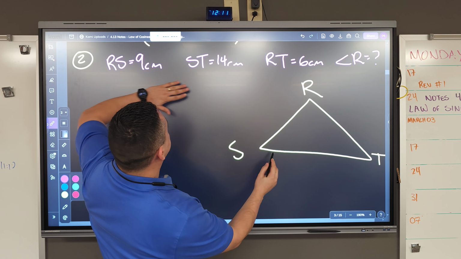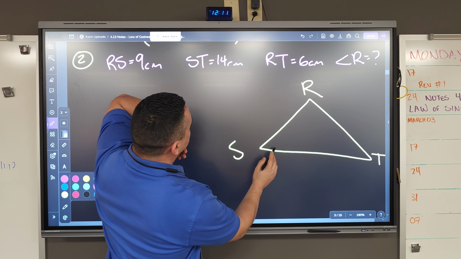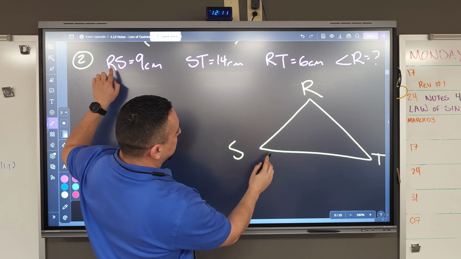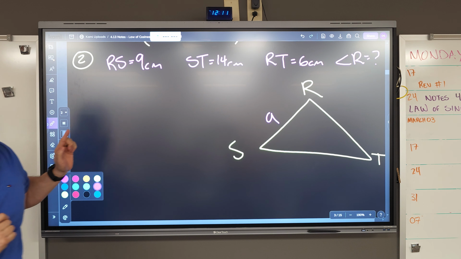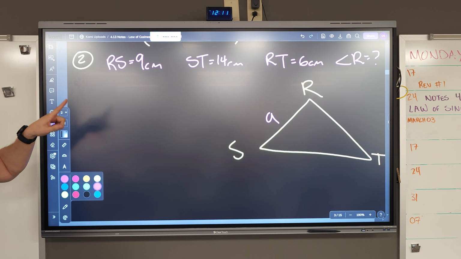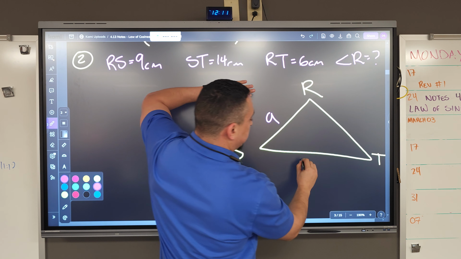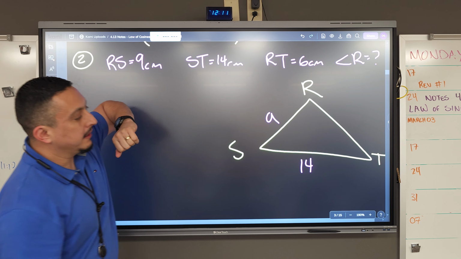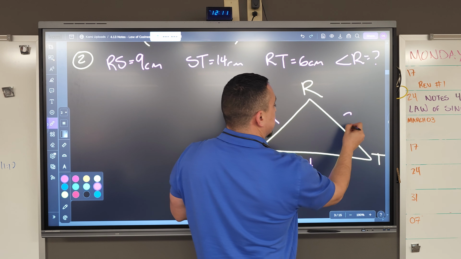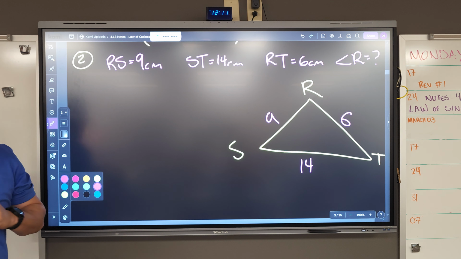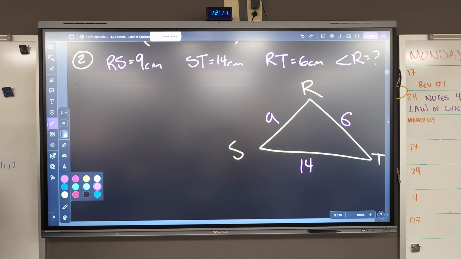So S, I don't have angle S, but I have side RS, right? So 9. I have side ST, 14. And I have side RT, 6.